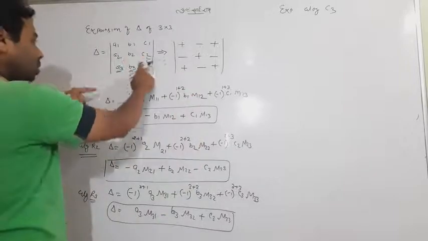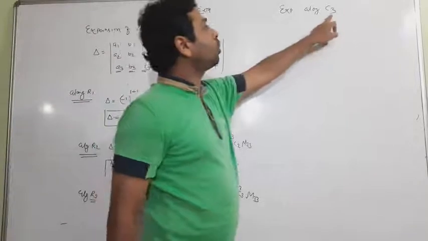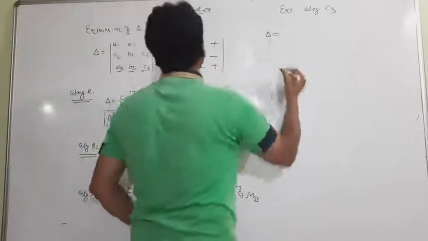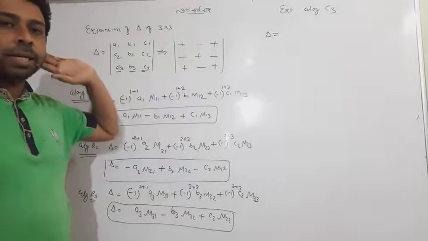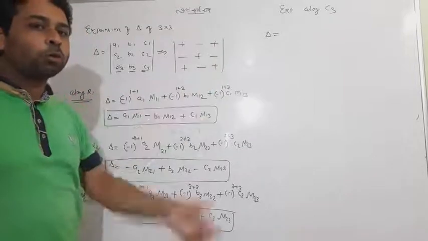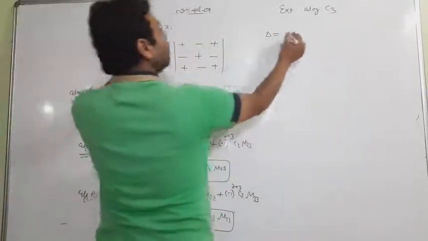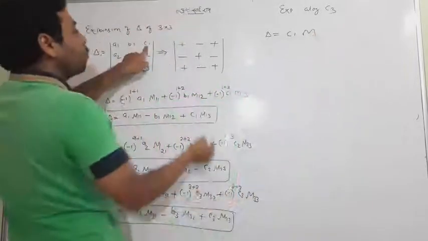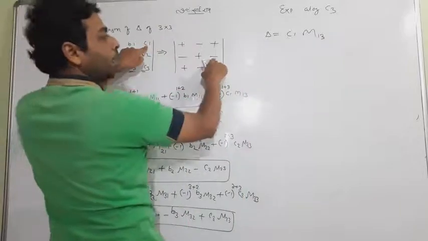And we have to find the value of this determinant along column 3. So don't worry about that. The answer will be similar, as it is always following this particular sign. Along column 3, plus minus plus. Now you know the method. Plus, need not write, element and its minor, where it is lying, first row third column, then minus sign.